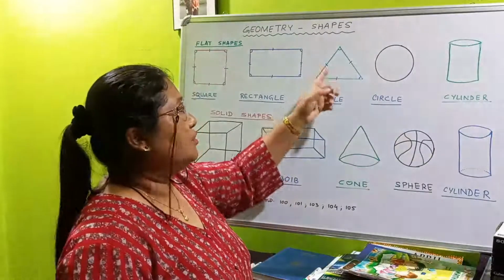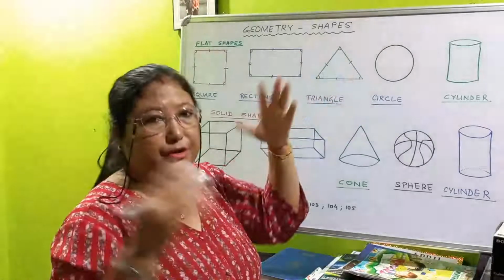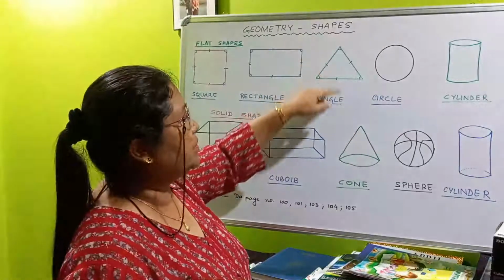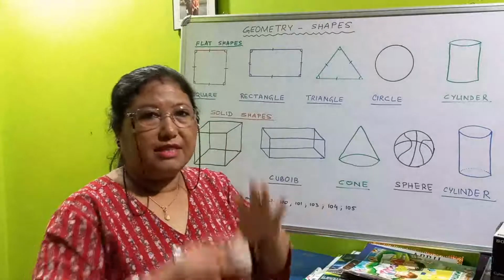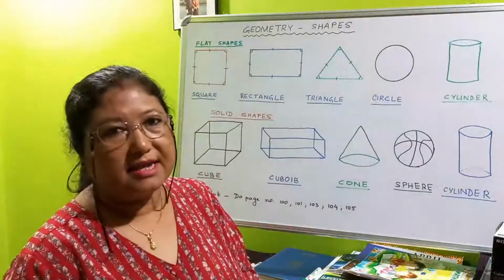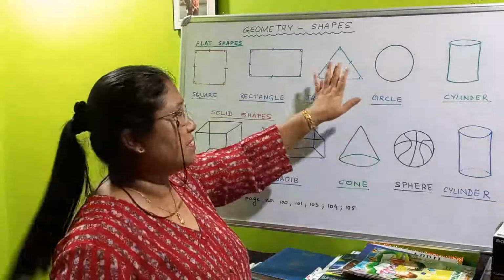In some triangles, one side has a different length. And in some triangles, 2 sides will be equal and another side will be different. There are different kinds of triangles. When you go to higher classes, you will learn details about triangles. We have different names for these triangles.